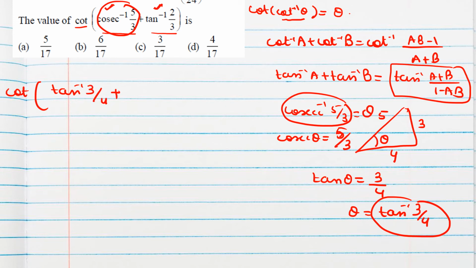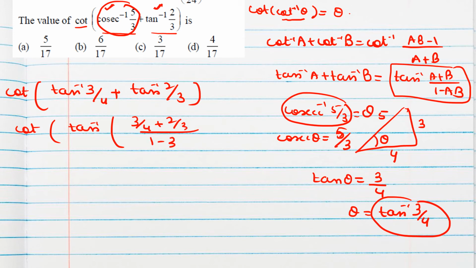Now in the bracket I can apply the tan inverse formula. So it will be tan inverse of 3 by 4 plus 2 by 3, over 1 minus 3 by 4 into 2 by 3. So cot of tan inverse, here we can cross multiply, 9 plus 8 divided by 12. Here I will cross multiply because I will get 12 in the denominator, so I can cancel directly.